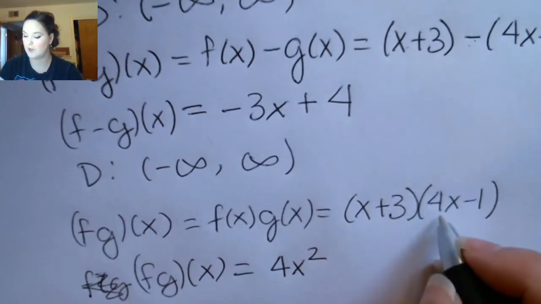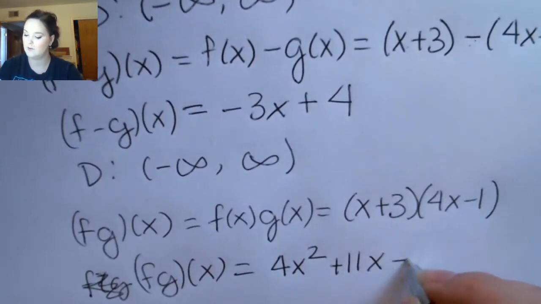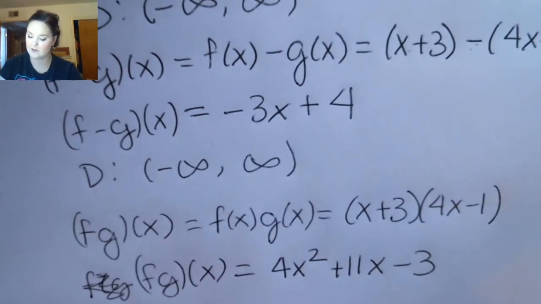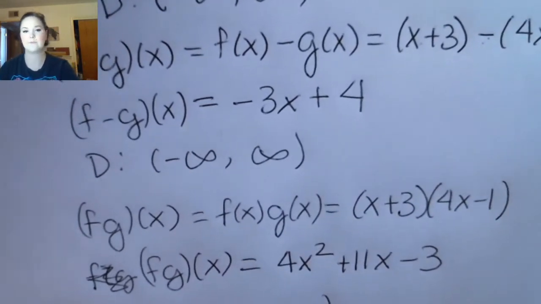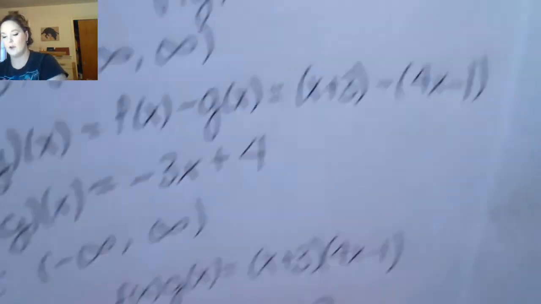Okay, so we would get 12x minus 1x, which is 11x, and 3 times negative 1 is negative 3. Okay, and again, our domain is the same as the first two, it's everything. Okay, all right, so let's look at part C of this example.